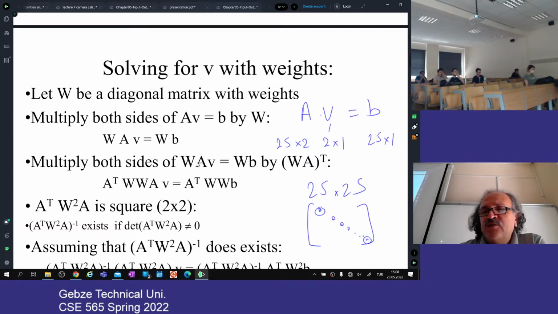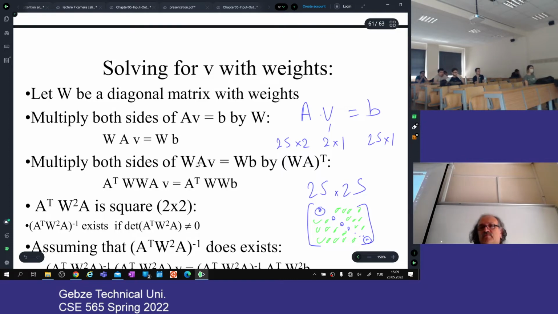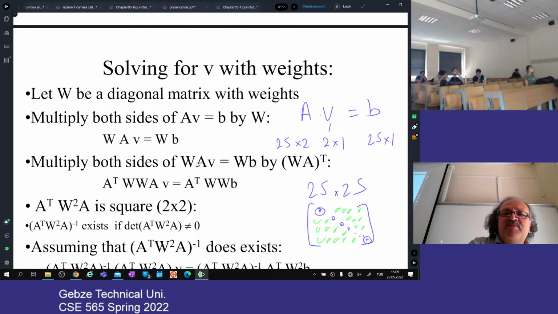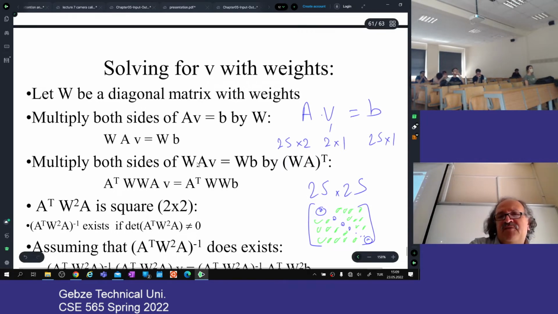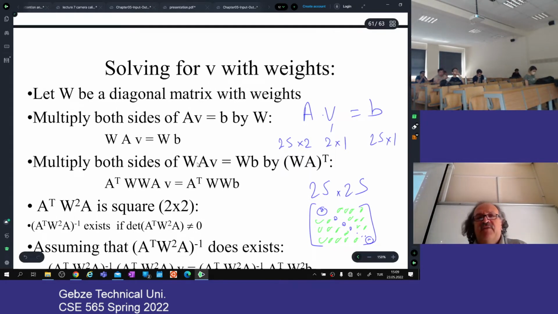The rest of them are going to be all zeros. So this is a weight matrix. If I multiply this weight matrix with the left side, and also with the right side, I am fine.